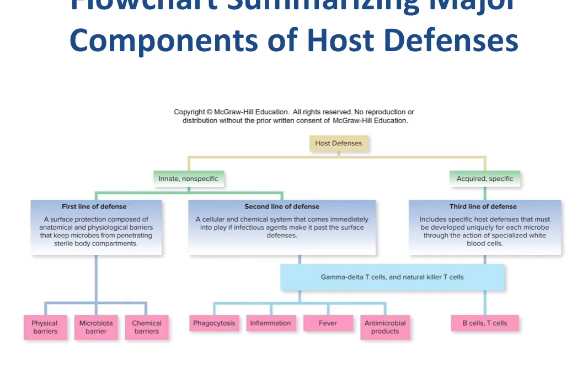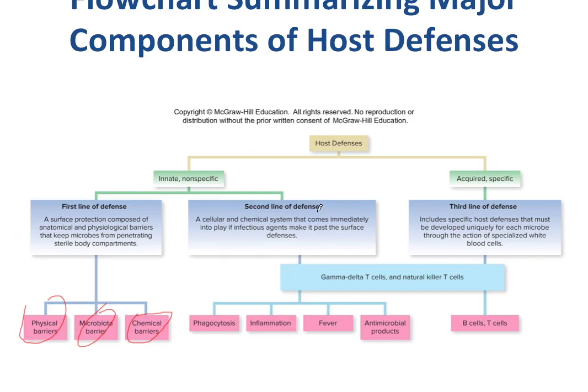So this is the diagram of the first, second, and third lines of defense. The first line includes the physical barrier, microbial barrier or biota barrier, and chemical barrier, such as sweat and saliva.